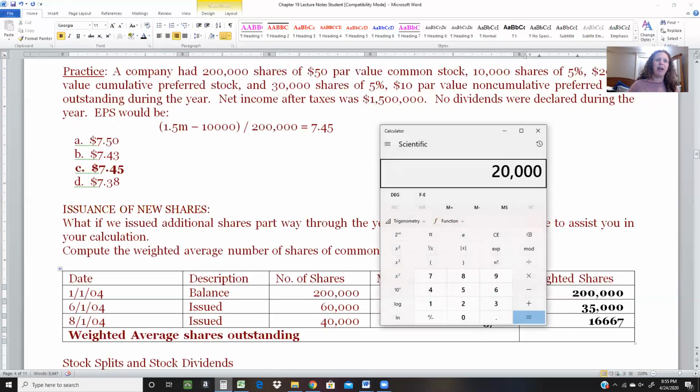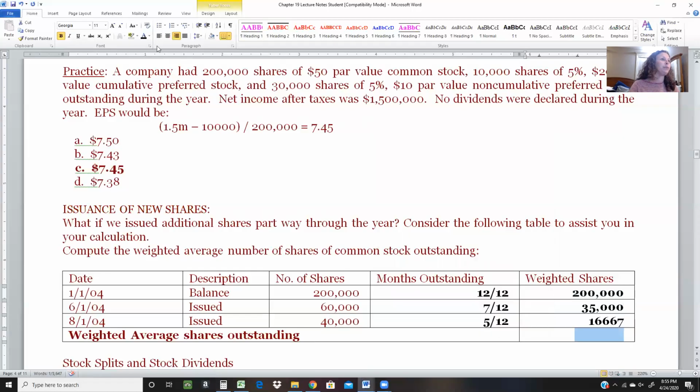So 200,000 plus 35,000 plus 16,667 means that our weighted average number of common shares outstanding is 251,667. So what that means is if you were doing this calculation that we did in this practice one up here, in the denominator downstairs, you would use 251,667.